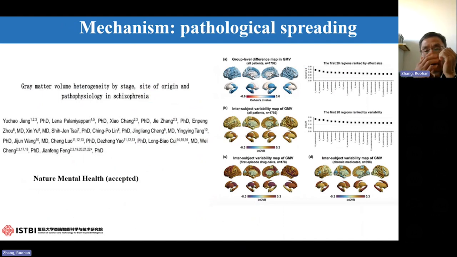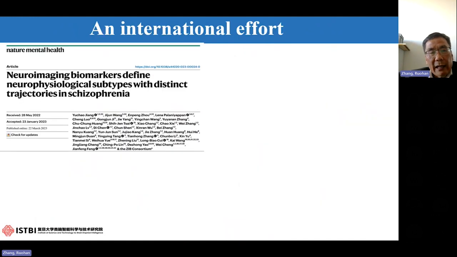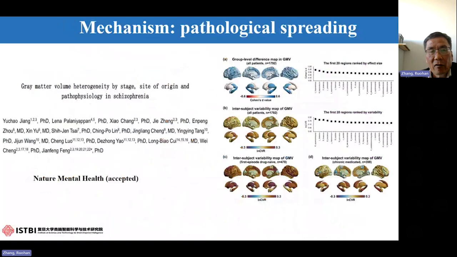And also, not only do we look at the subtype, as I mentioned, the disease spreads from one area gradually, as the disease progresses, to all of the brain. So we start asking, what's the mechanism for this pathologic spreading?